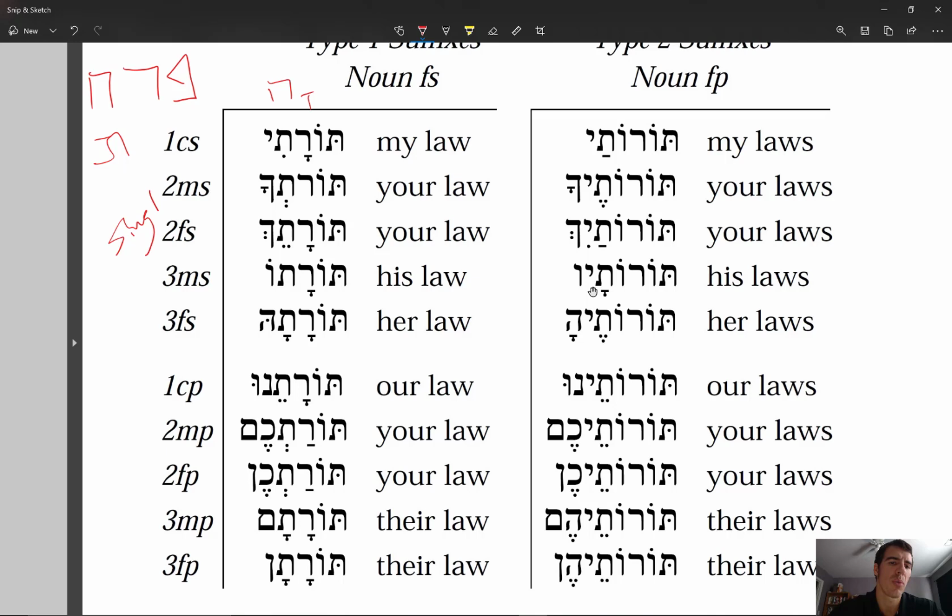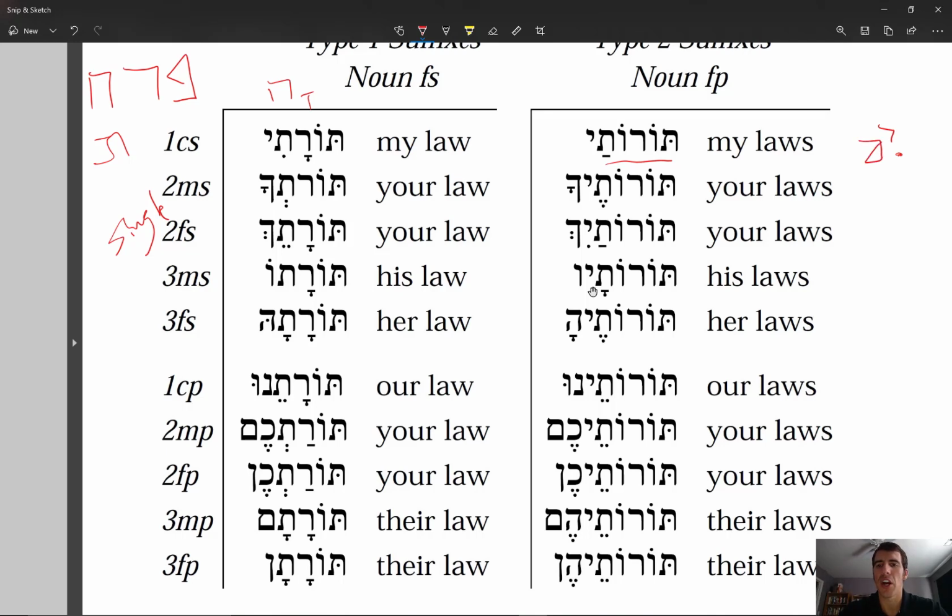It shows all the way down. So torati, torateka, toratek, torato, toratach, toratenu, toratekem, torateken, toratam, toratan. So you go down the list there, you have all of those there. Now for a feminine form, you don't have the Hirik Yod Mem of the masculine.